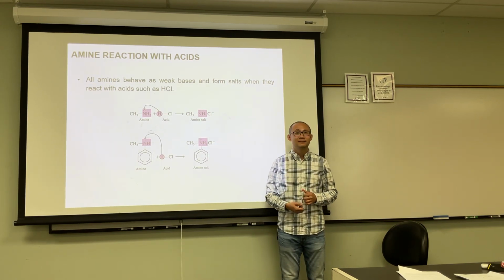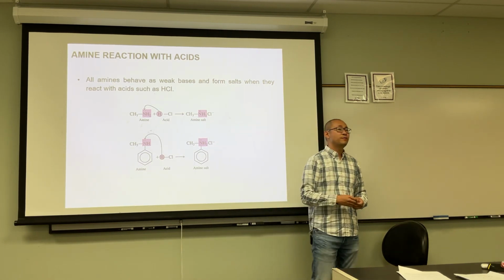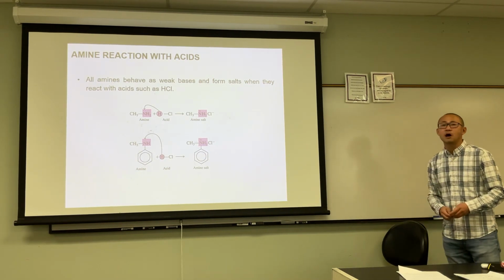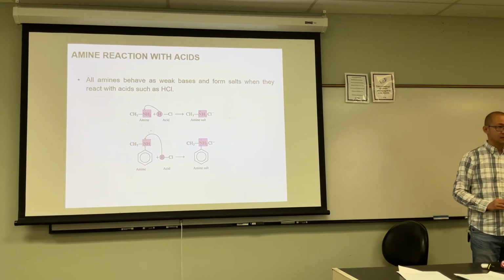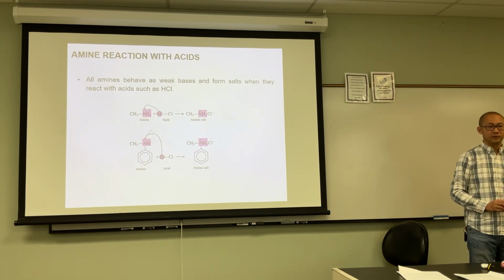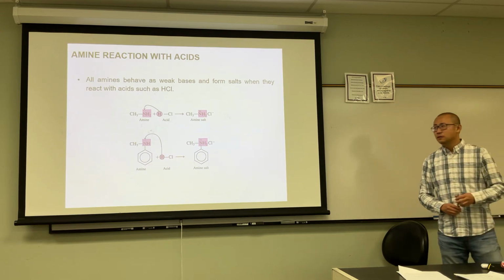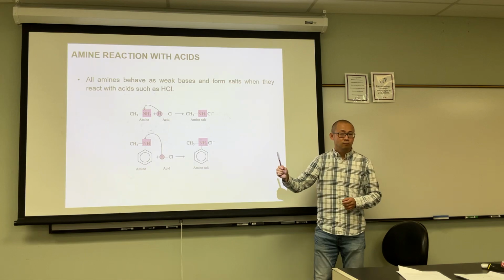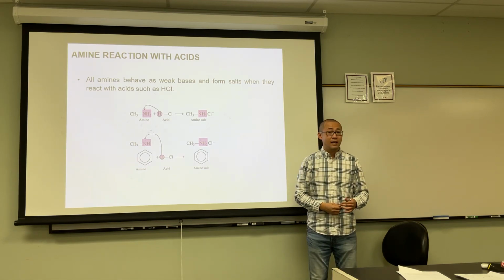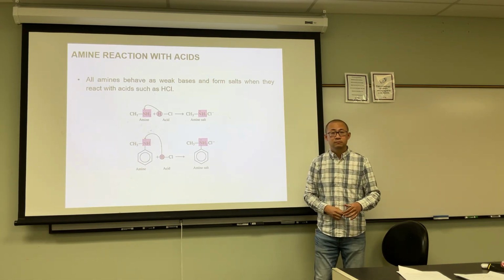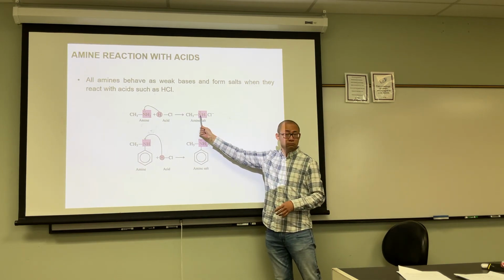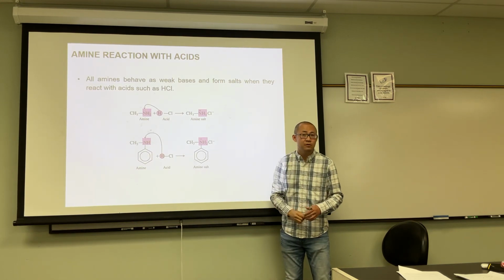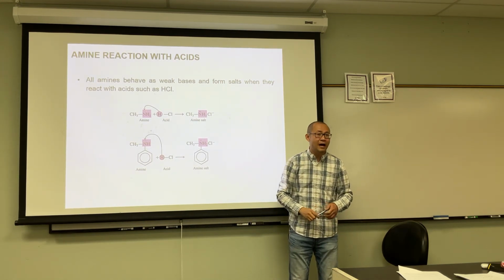Make sense? Okay, those are the two types of reactions showing why amines are basic. And finally, when nitrogen has 4 bonds and is charged, the resulting plus ion with the nitrogen like this, we give it a name called ammonium ion.